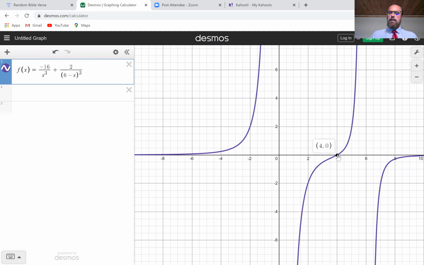So I see it's got an x-intercept there at 4. There is a horizontal asymptote that runs through this function on the x-axis. So the left side is not going to intersect the x-axis, neither is the right side. So we just have this one value, that middle part of the rational function at 4. And that tells us the information we need.